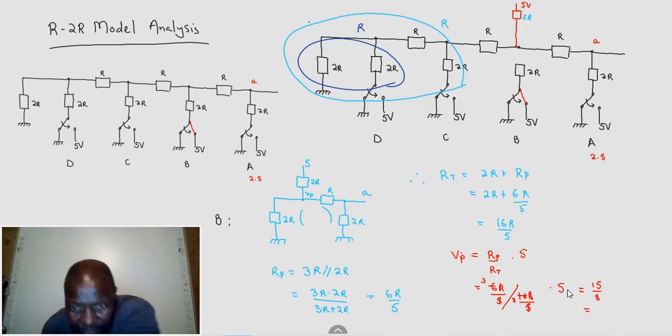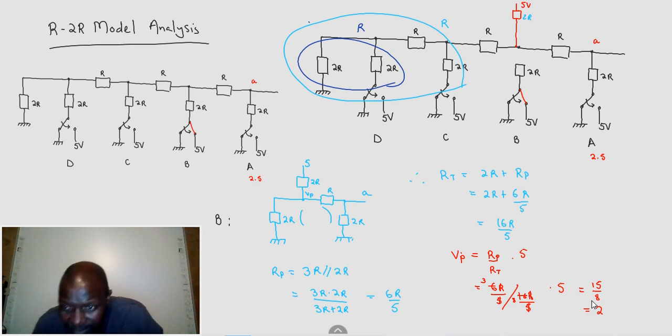I believe I might have made a mistake somewhere, but let's continue. It shouldn't be 15, it should be 16. I've lost something here, but let's see how I lost it.